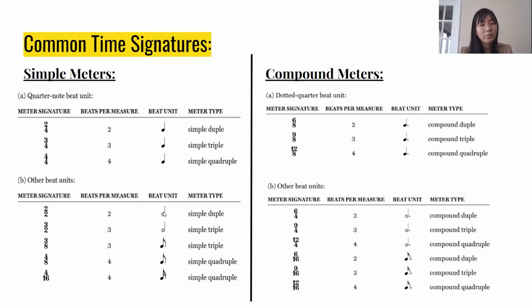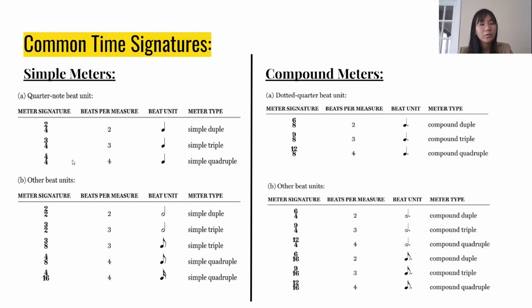The beat unit here is a half note, which can subdivide into 2 quarter notes. The beat unit here is an eighth note, which can subdivide into 2 16th notes. And the beat unit here is a 16th note, which can subdivide into 2 32nd notes.